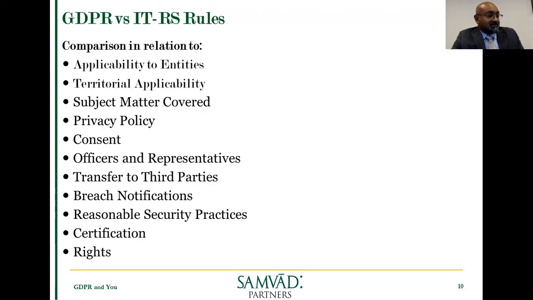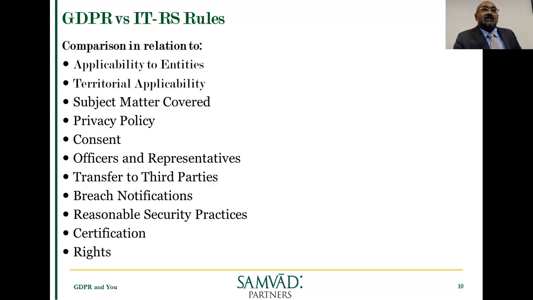Moving on from there, the subject matter which is covered by the ITRS rules also massively expands the scope. The ITRS rules does define personal information, and it does have a few provisions which are applicable to personal information, most importantly, the provisions relating to the privacy policy. But in general, the ITRS rules tend to focus more on the concept of sensitive personal information.